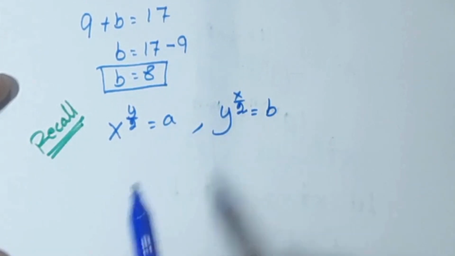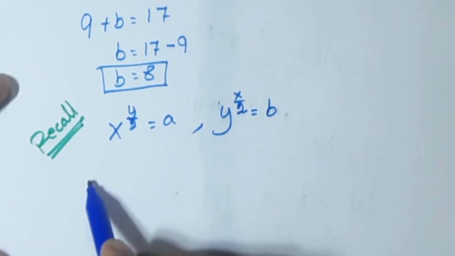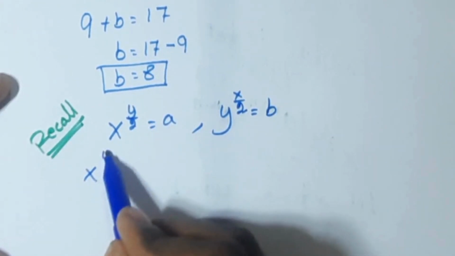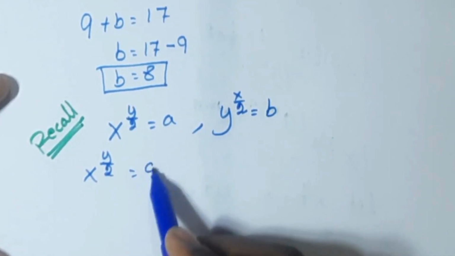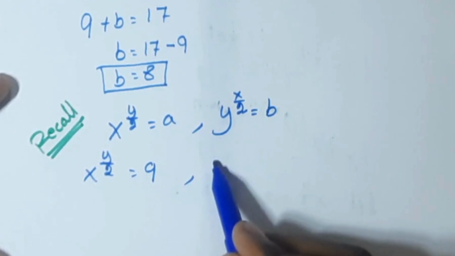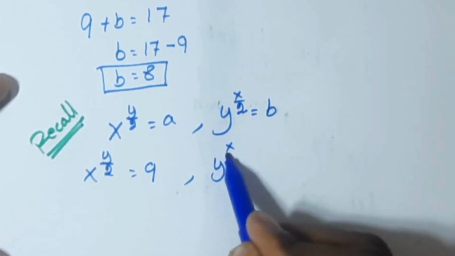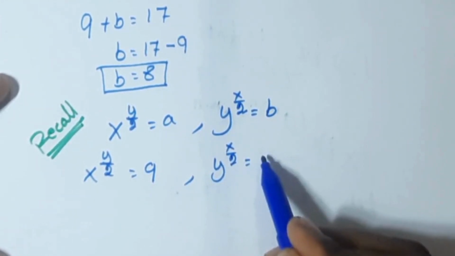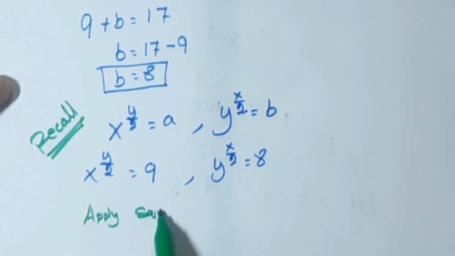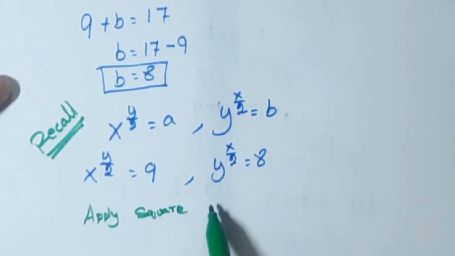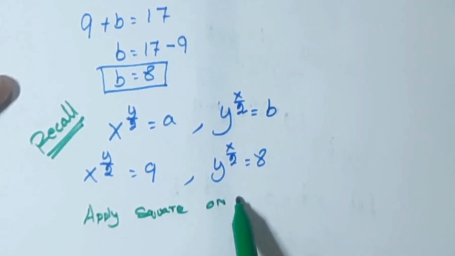We are going to apply these values here. x to the power of y by 2 equal to 9. Same way, y power x by 2 equal to 8. Apply square on both sides.